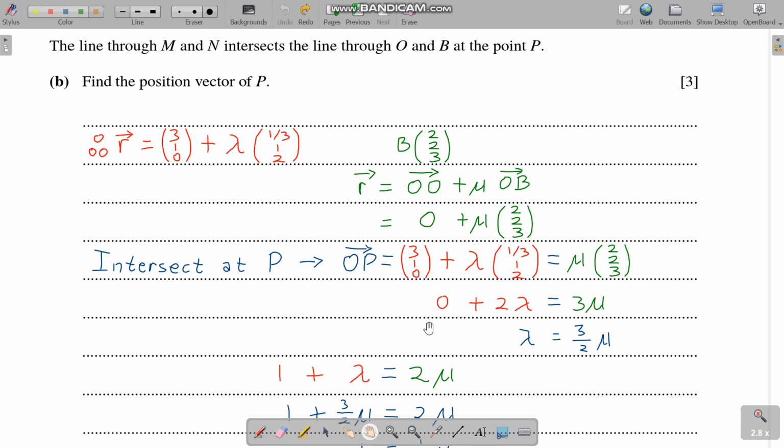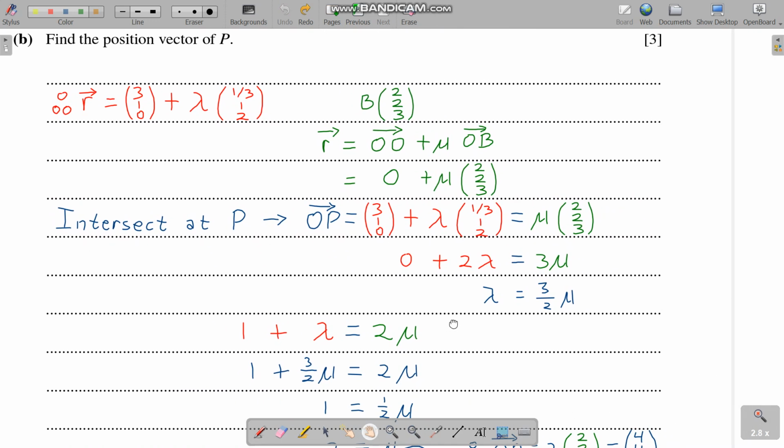And they intersect at point P. Intersect at P means the point P satisfies both line equations, the red and the green. So we equate each corresponding component.